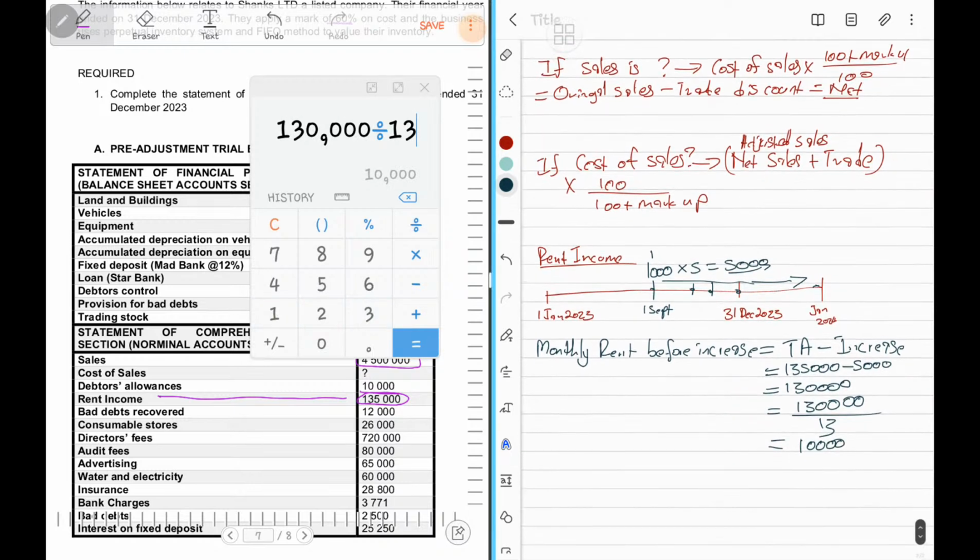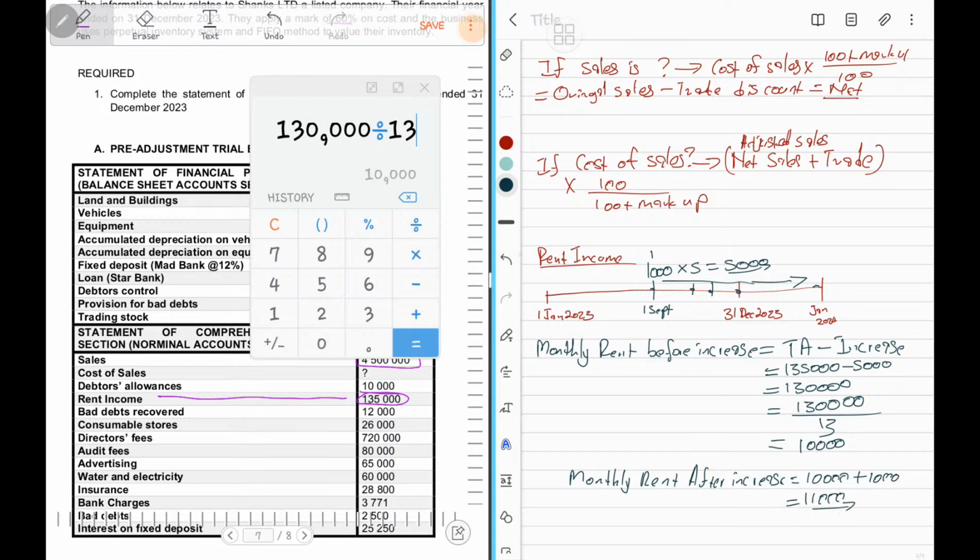So to find the monthly rent after the increase, we simply take that monthly rent before the increase, then we add the increase amount of 1,000, that gives us 11,000.